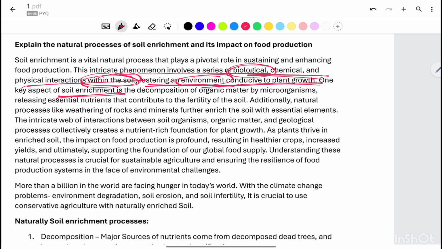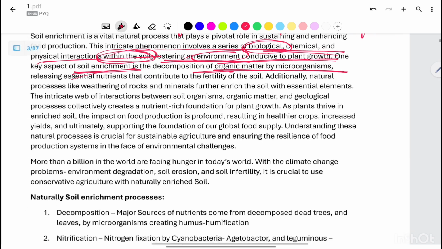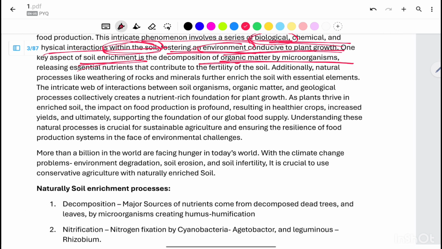The key aspect of soil enrichment is the decomposition of organic matter by microorganisms. The dead organic matter present in the soil must be decomposed with the help of microorganisms for the soil to be enriched, releasing essential nutrients that contribute to the fertility of the soil.